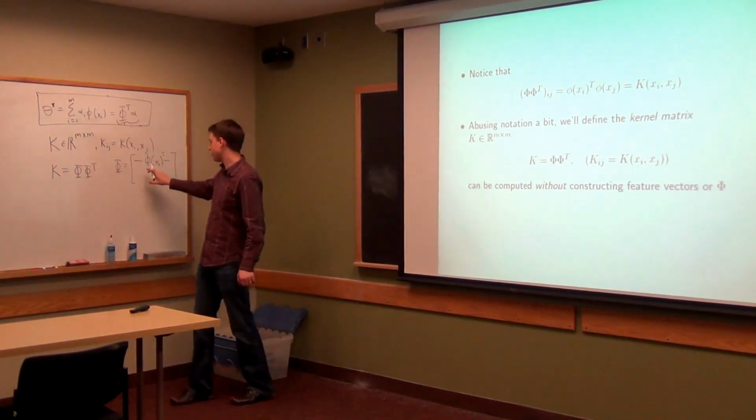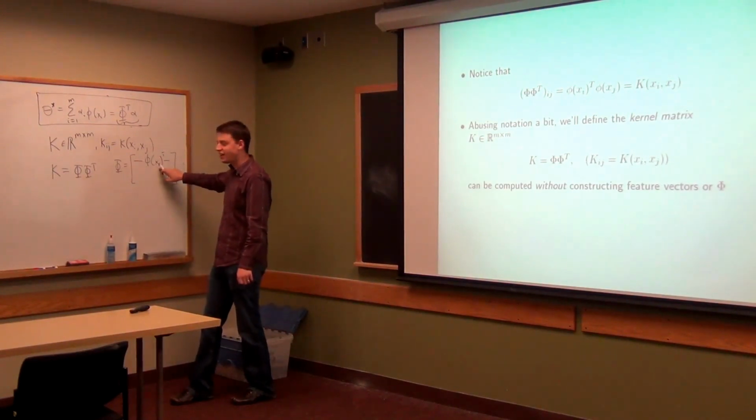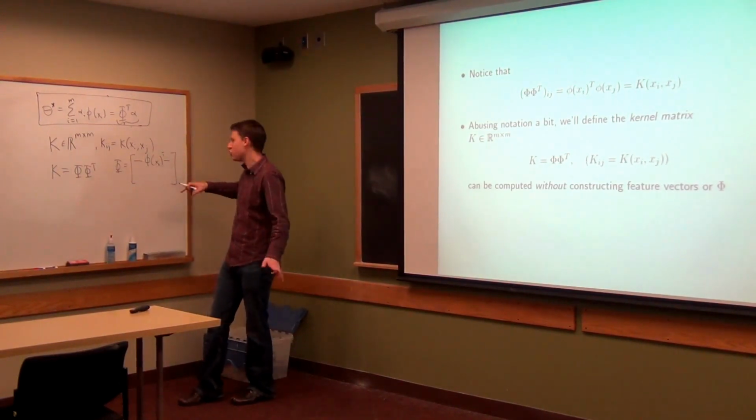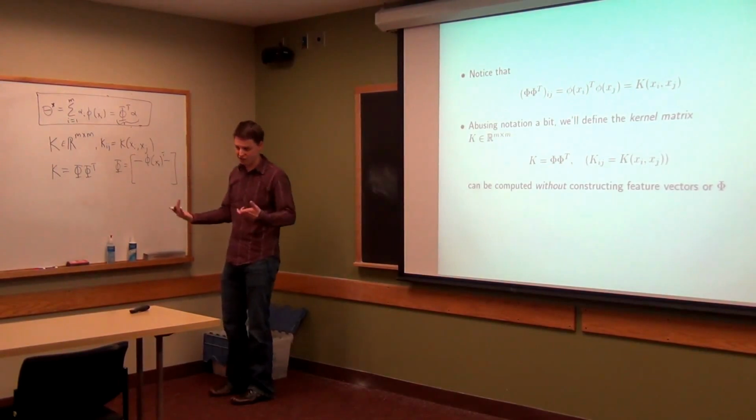So that's just equal to phi i transpose phi j, which is equal to the kernel of i and j.